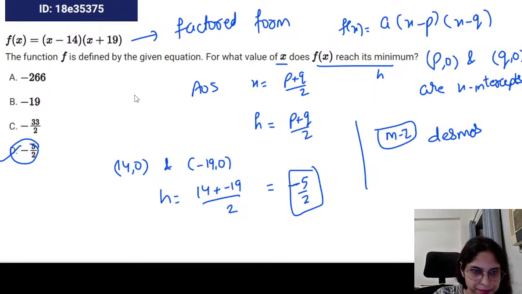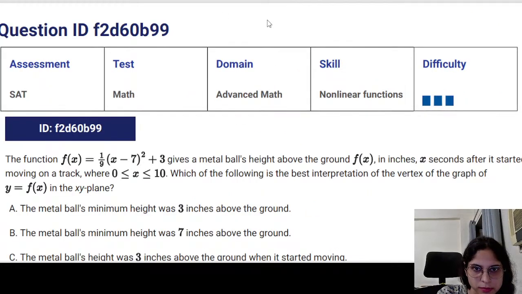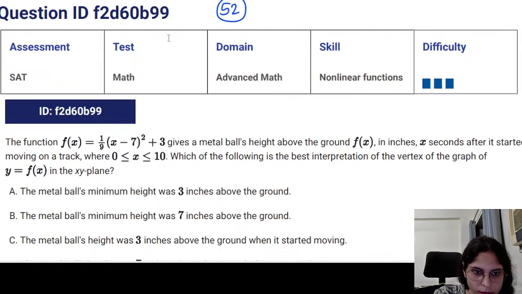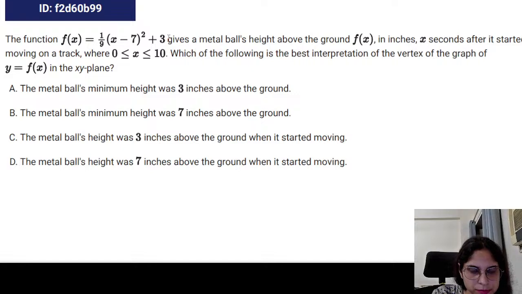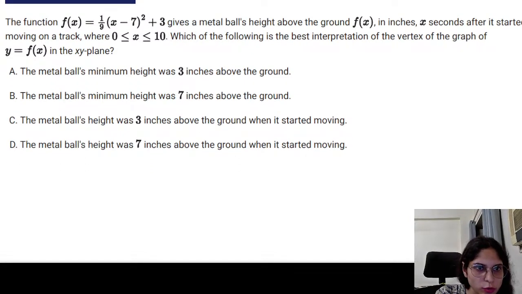Alright. Next one is 52. Over here, this is the vertex form.